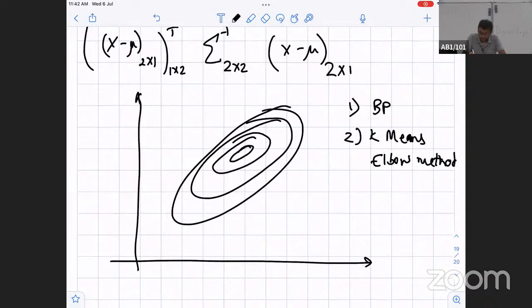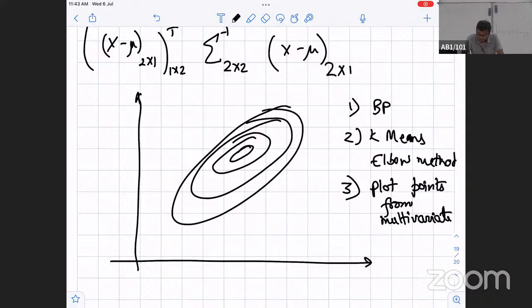The third one is trying to draw points from this multivariate Gaussian and plot them, and show how it looks and what shapes you will get. You will get a circle, you will get flat shapes, whatever shape you want, for different values of sigma. So you can try these things.